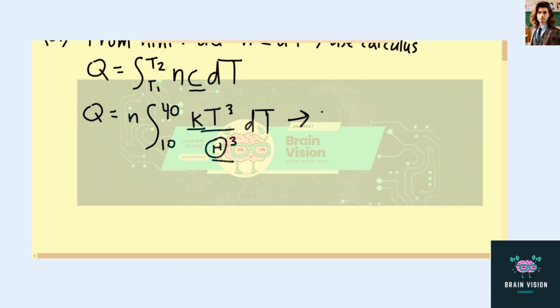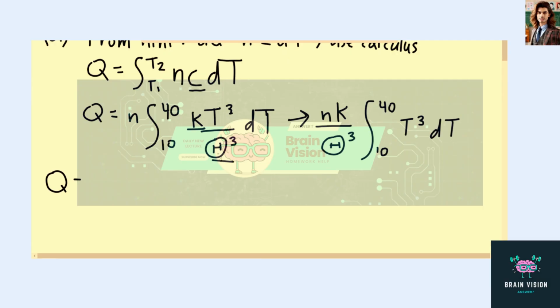It becomes nK over theta cubed times the integral from 10 to 40 Kelvin of T cubed dT. All we have to do now is solve this integral, then we'll have our answer.